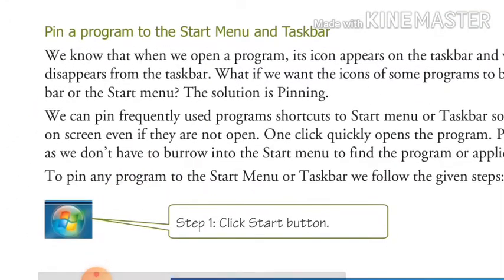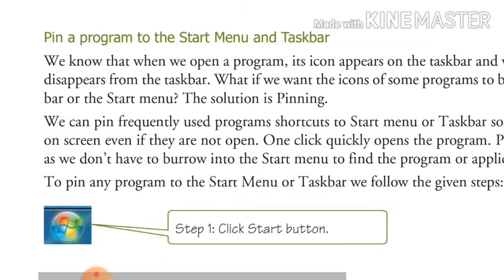Next, pin up a program to the start menu and the taskbar. You can see some of the programs already available on your desktop, on your taskbar. As you know, in the previous video you learned what a taskbar is. The taskbar is a strip on your desktop at the bottom.